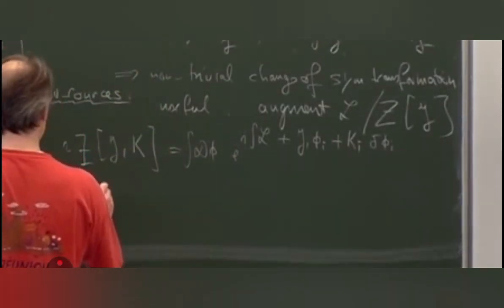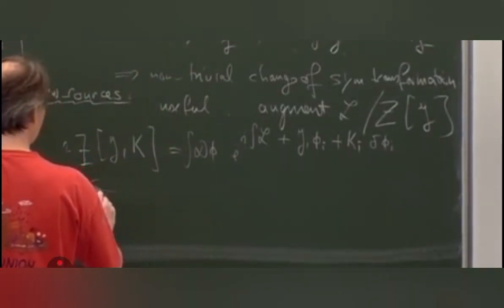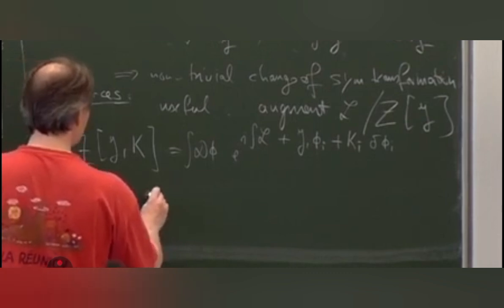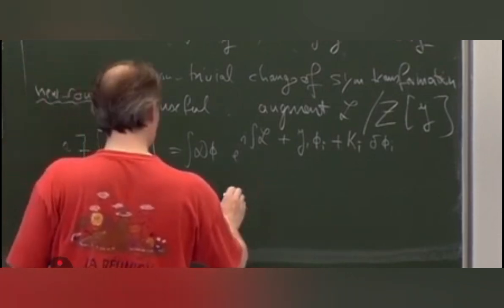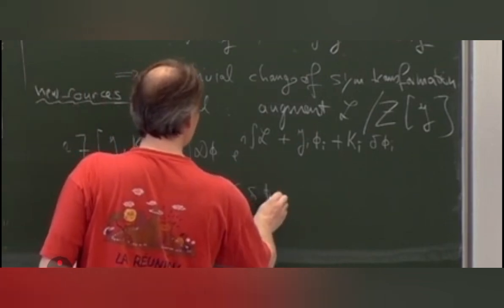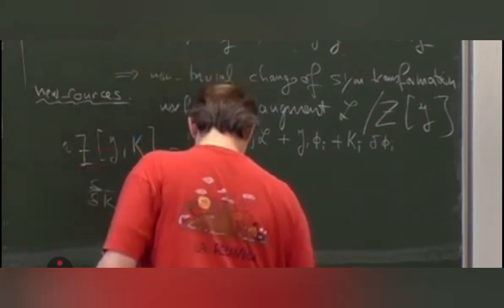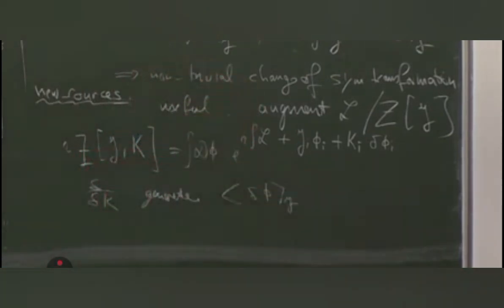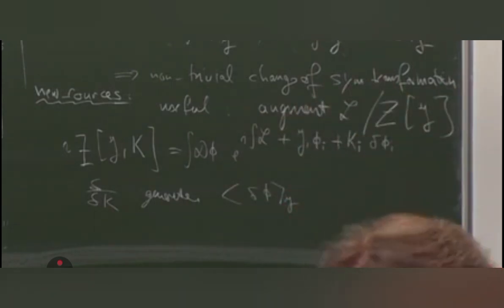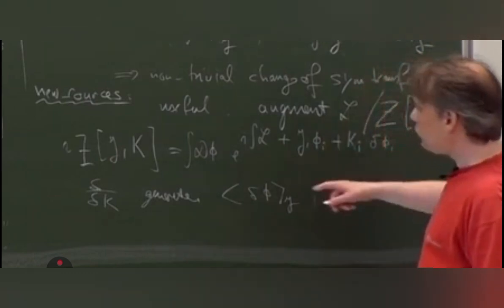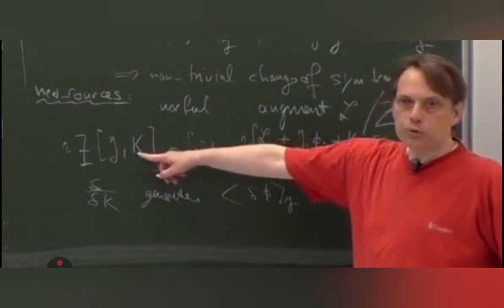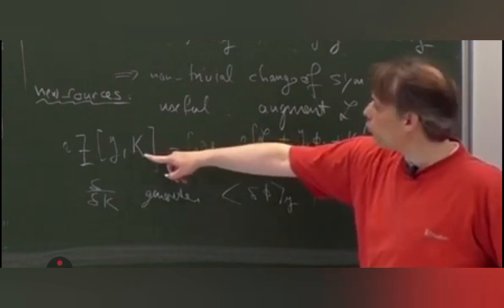So a derivative with respect to k generates the expectation value of delta phi_k. And in the Legendre transformation, we do not Legendre transform with respect to k.